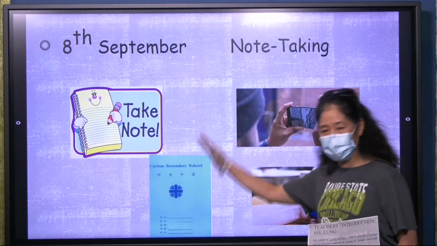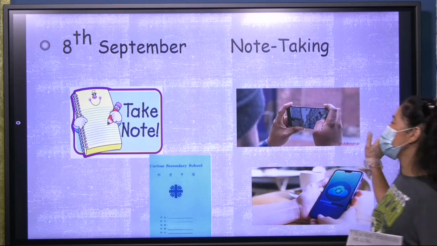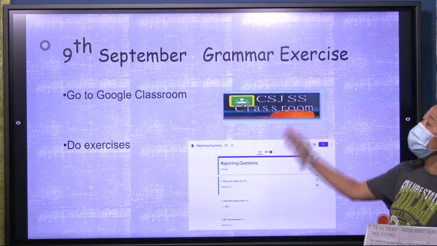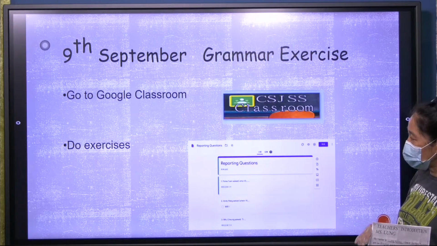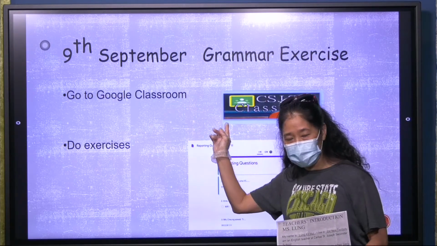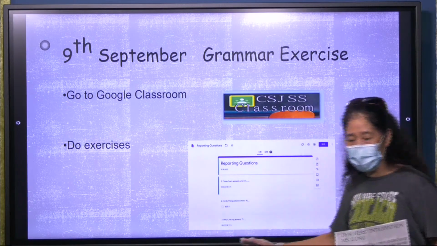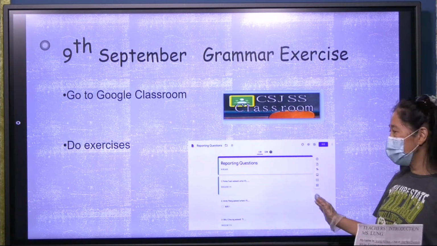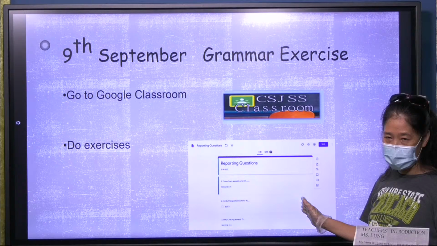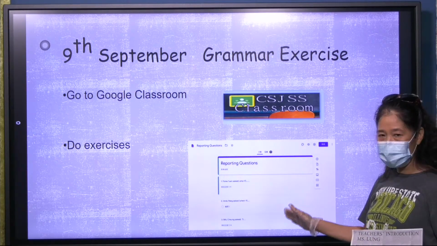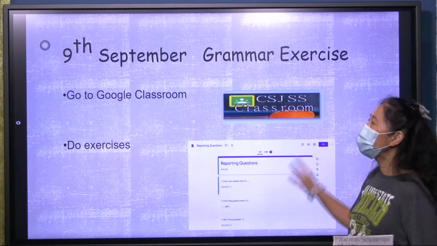So that is the work you have to do today. Take notes. And then Wednesday, what you have to do, go to Google Classroom. You will find a Google form question exercise about the simple present tense and past tense, okay? Please do it and send to your teacher.